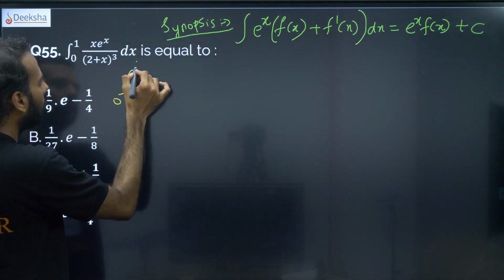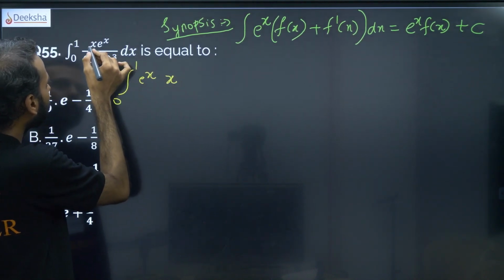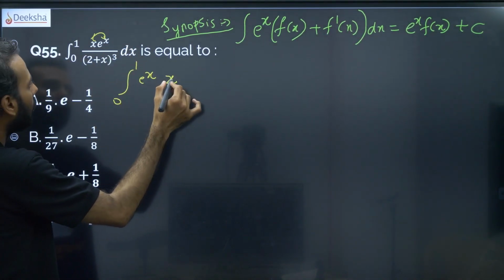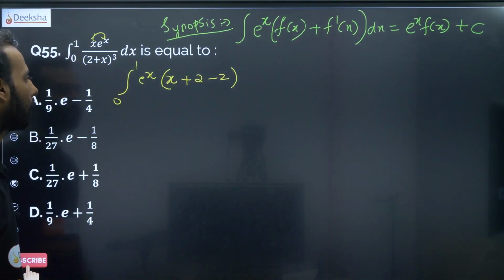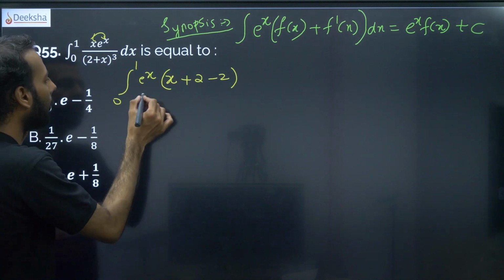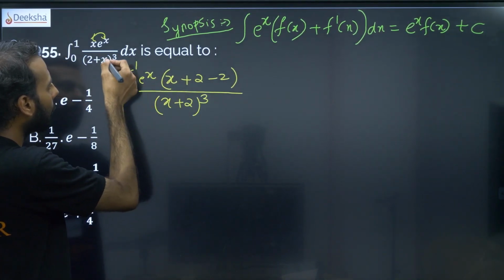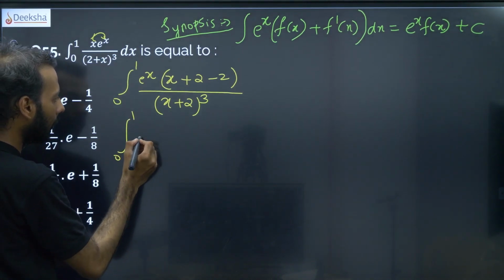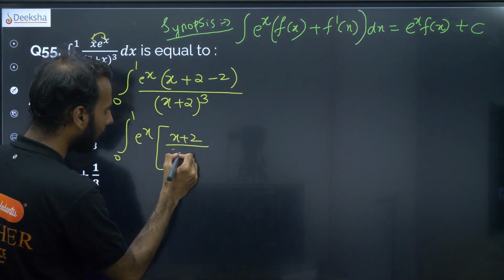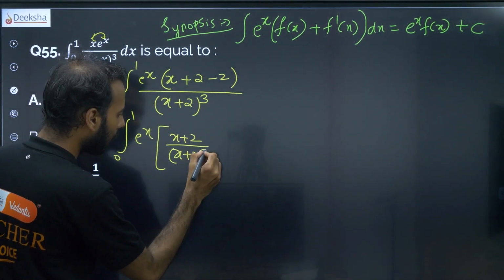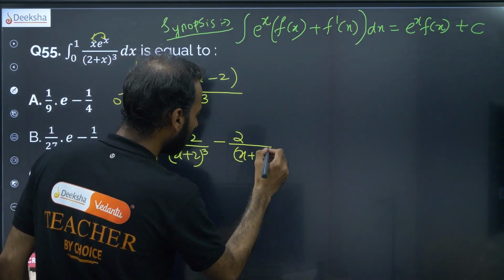See here, 0 to 1 e raised to x by x plus 2 cube. For this x, I am interchanging, I will write plus 2 minus 2. Same thing only I am writing here. 0 to 1 e raised to x, let me open one bracket, x plus 2 by x plus 2 cube minus 2 by x plus 2 cube.